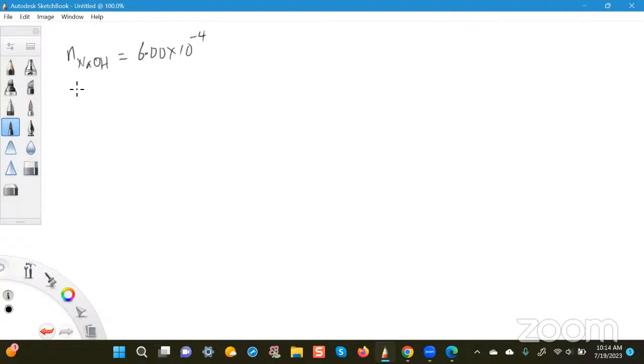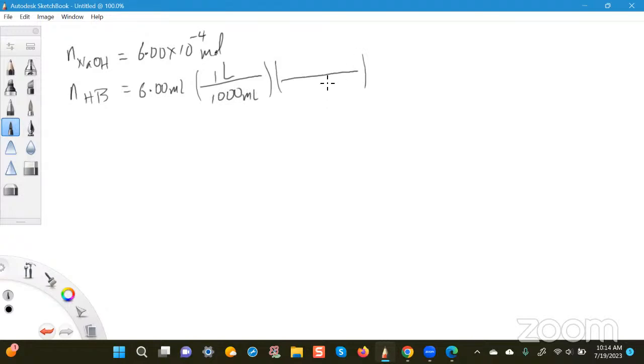So the number of moles of HB would be equal to the volume, which is 6.00 mL, multiplied by 1 liter over 1,000 mL, converted from milliliters to liters, and then we multiply that by the concentration, which, according to the question, is 0.100 moles per liter. And when I did that calculation, I got 6.00 times 10 to the minus 4 moles.